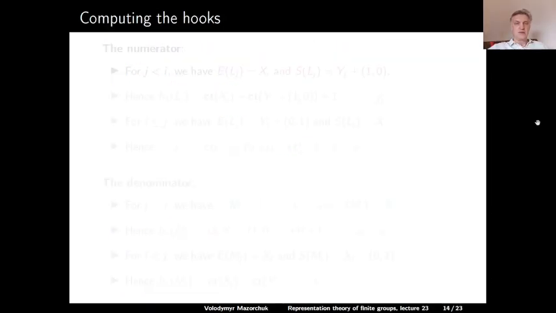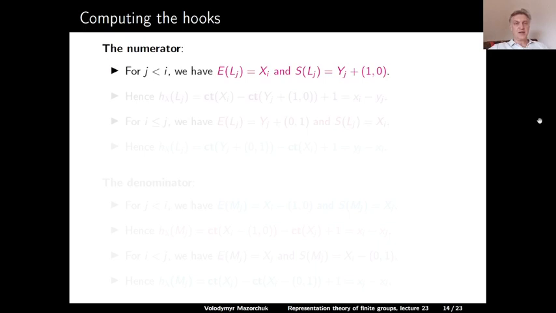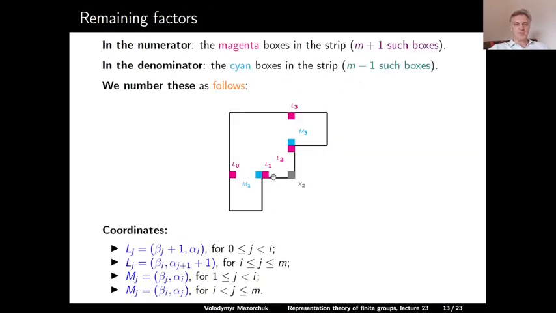So let us now compute the hooks for all boxes which do not cancel in our fractions. In the numerator, we have the following. If j is less than i, then the east end of Lj is equal to xi, and the south end of Lj is the box which is immediately to the right of yj. So here is the picture.